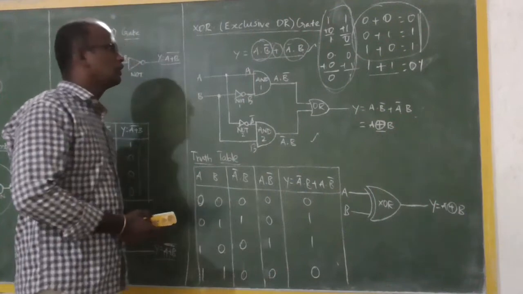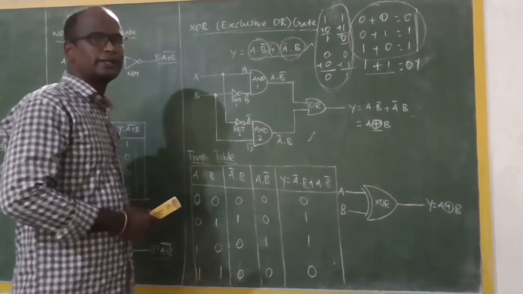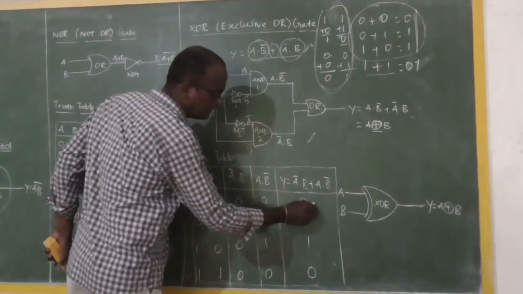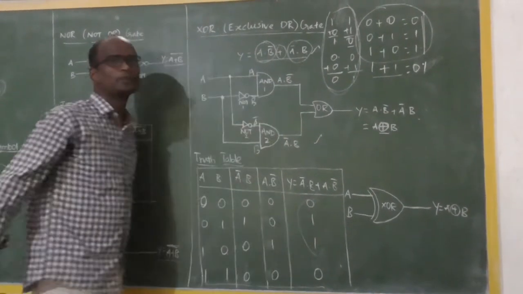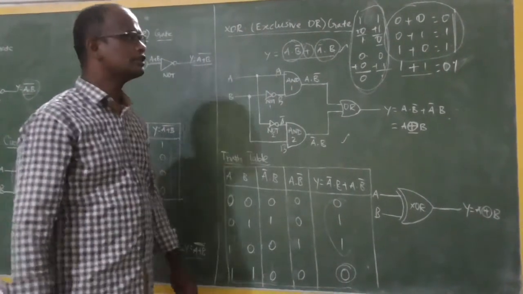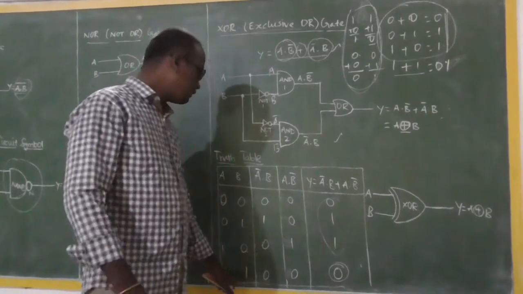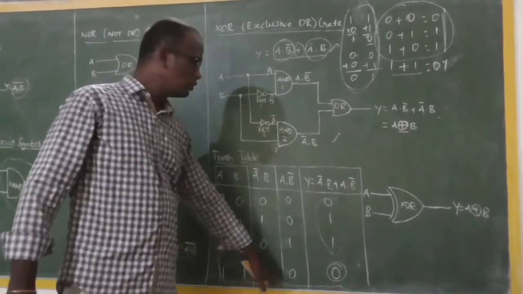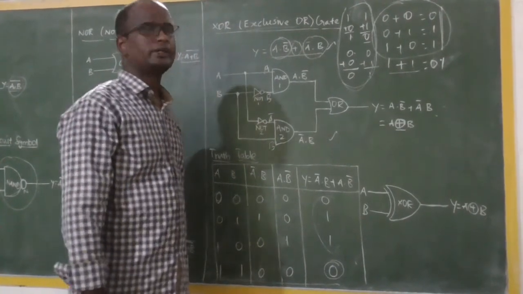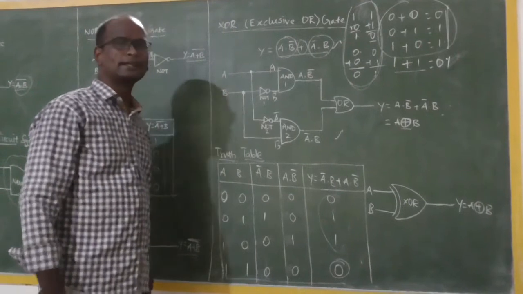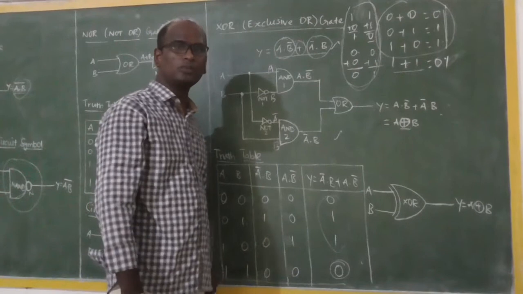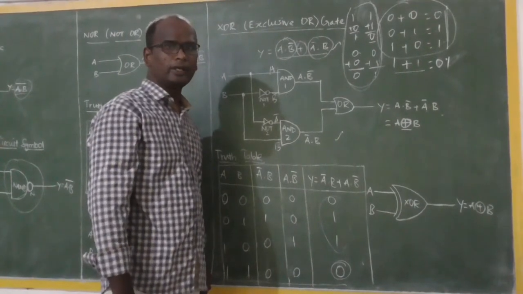The difference between the OR gate and the XOR gate is this condition only. The remaining three conditions are the same, but for the final condition, 1 1, if we add 1 and 1 we get 0, but the OR gate will give the result as 1. Okay, understand? So the exclusive OR gate exactly matches the summation results of two binary bits. Okay, understand?